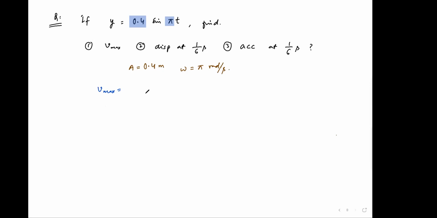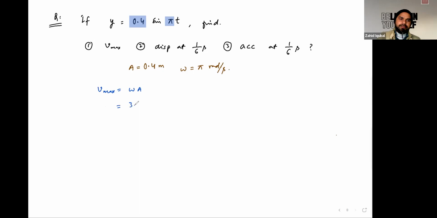Omega into amplitude. Good. Omega is 3.14 multiplied by 0.4. So you'll get 1.256 meter per second.